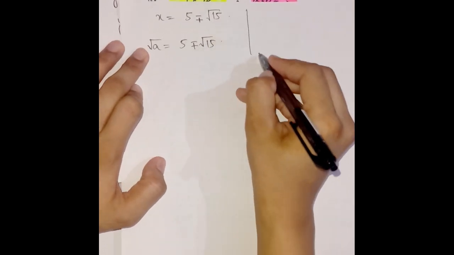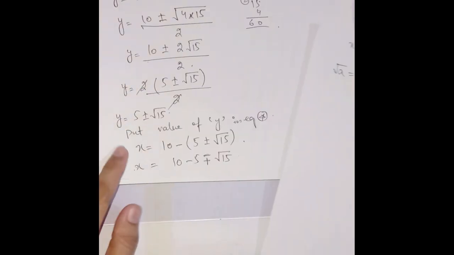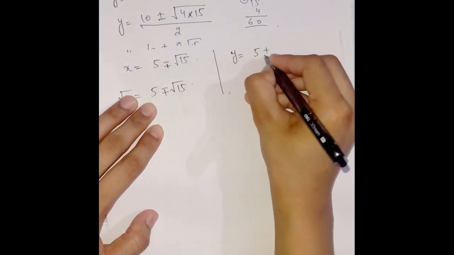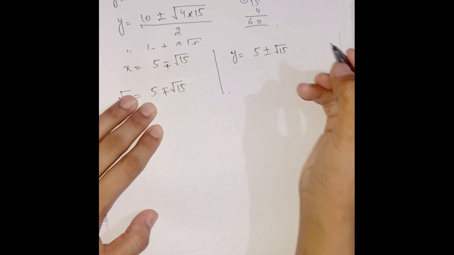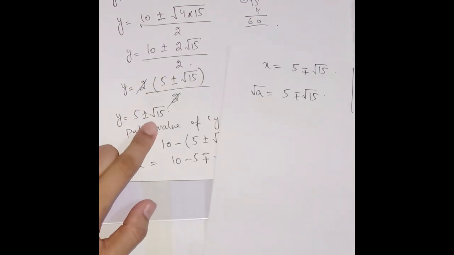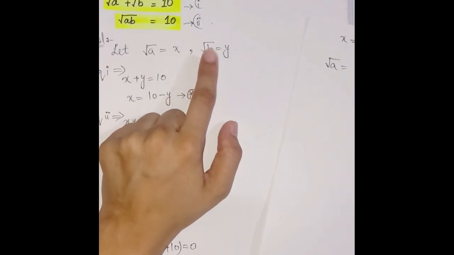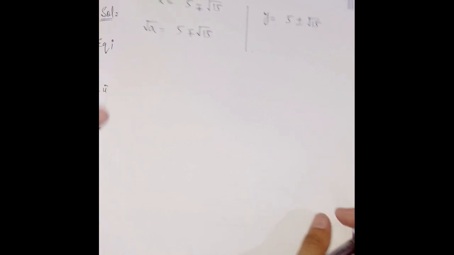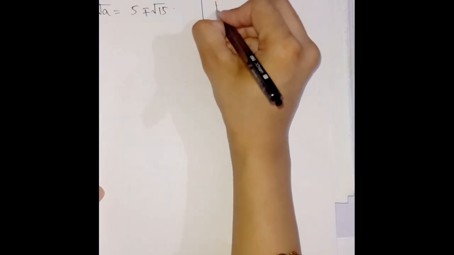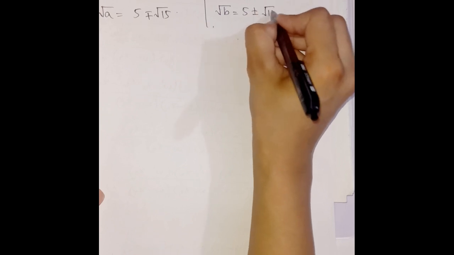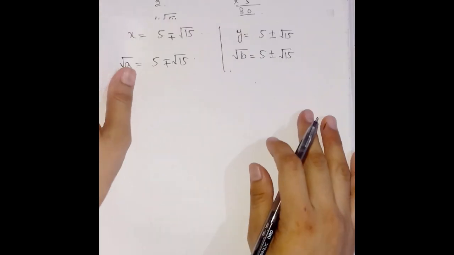And similarly, on the other hand, I'm going to put the value for y. y is equal to 5 plus minus square root of 15, and y I let here as the square root of b. So I'm going to write here square root of b equals 5 plus minus square root of 15.